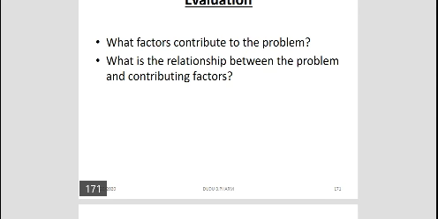Why? Because when you see the problem, you have to find out whether this problem was researched before. What were the factors, if someone did their research before? What were the factors contributing to the problem? You get it? Thus you have to go back and see, to avoid doing the same thing.